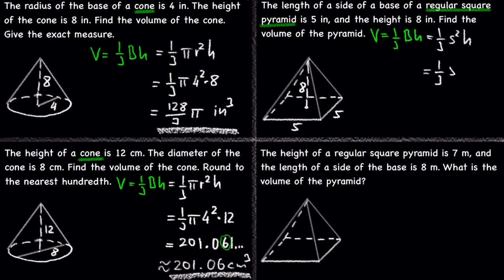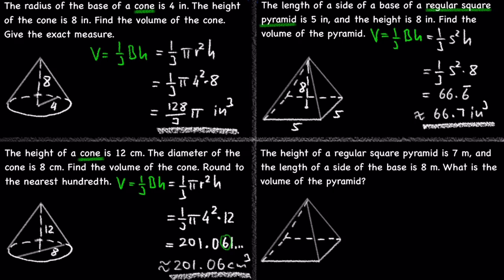S is 5 and the height is 8. 5 squared is 25 times 8 is 200. 200 divided by 3 is 66.666, and so on. So the volume of this pyramid is approximately 66.7 cubic inches.